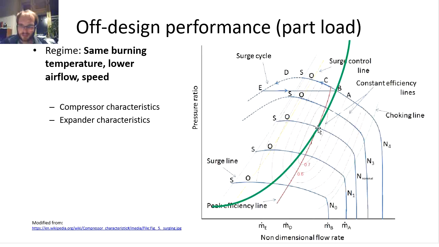Then our new operating point, let's say, will be in here: lower rotational speed N1 with lower pressure ratio and lower mass flow rate. So in our calculation, let's assume that for this N1 the pressure ratio will decrease just to 2, the compressor efficiency will change to 70% and the expander efficiency to 75%.